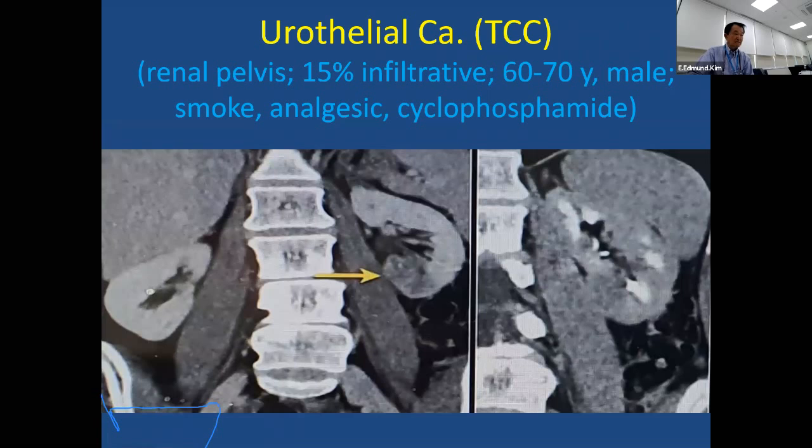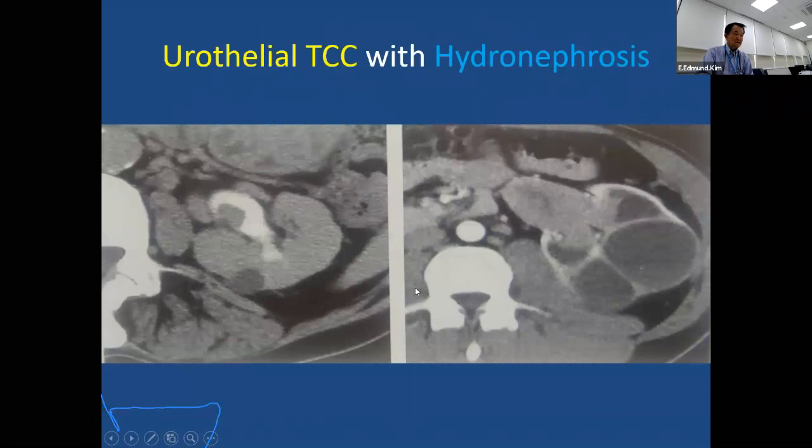Urothelial, on the other hand, is transitional cell carcinoma. About 15% infiltrate, in elderly patients, usually obstructing the urinary system here. A small urothelial tumor, and the hydronephrosis is small here, but there is dilatation because it occurs in the urinary tract.